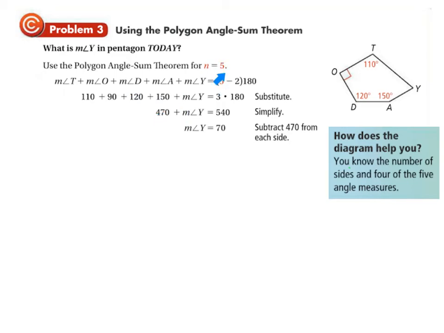And since you know that there are 5 sides and 5 angles, you can say 5 minus 2 times 180, or 3 times 180, is 540. This needs to sum to 540, and the first 4 angles sum up to 470. If we subtract that amount from both sides, we find that the final angle needs to be 70 degrees, okay?